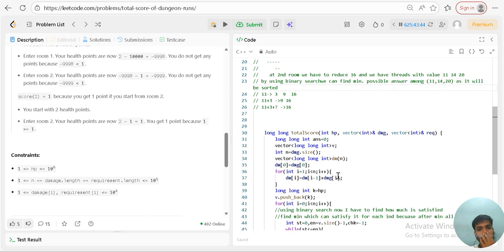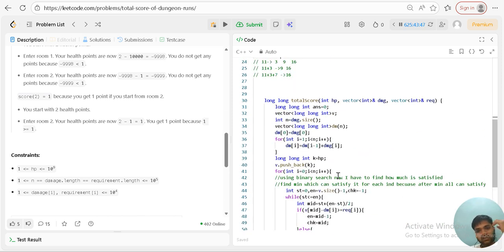So yeah, we can traverse the solution. Like we have the answer, which has to keep all the points added into it, and a vector of long, v. Okay, so this is the health point. Like at the moment, we can say thread: how many points are started, and what is DM?